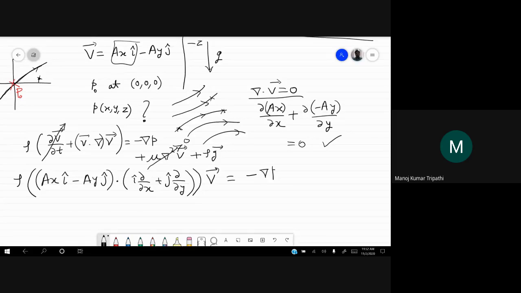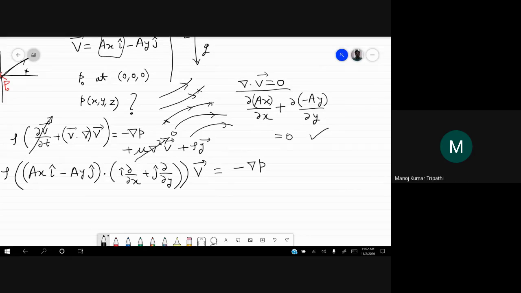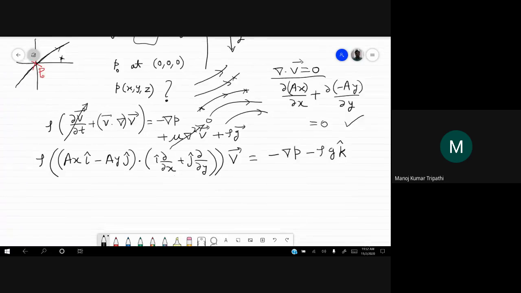This is equal to minus del p, and rho g. G vector is in k direction, rho g k cap. We can write this.